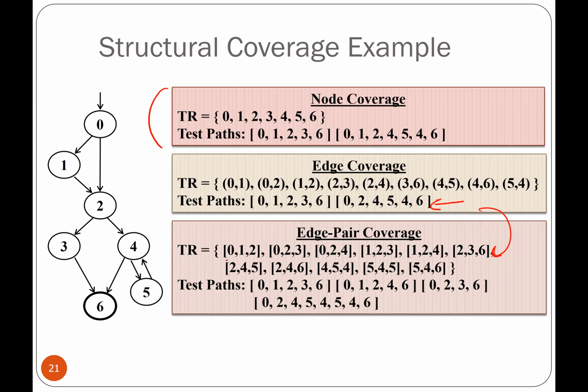Okay, right. 0, 1, 2. Do we have it, guys? Yes. 0, 2, 3. No, we don't have it. There's nothing here from the above that has a 0, 2, 3.